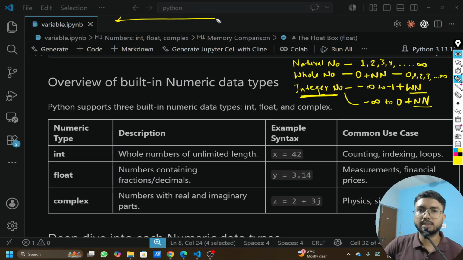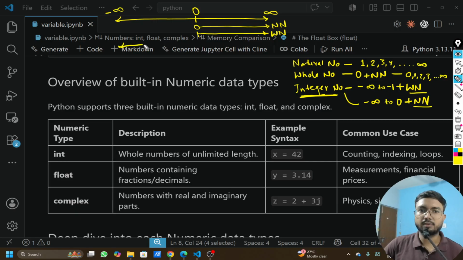Now let's try to represent it on the scale. If this is my scale where this is 0, this is infinity, and this is minus infinity, then this piece will be my natural numbers. And if I include 0, then this piece will become my whole numbers.